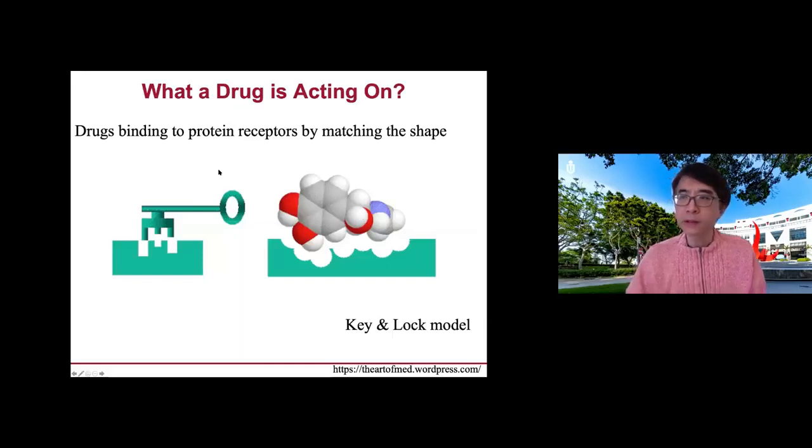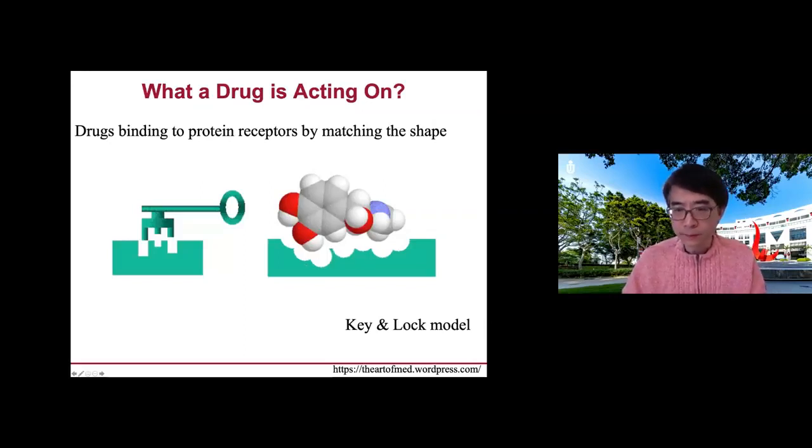You can think about this as a key and lock. The three-dimensional shape of the key has to match the three-dimensional shape of the lock. When they match, the three-dimensional shape of the drug will bind into the protein pocket, right? And then this will be able to treat the disease.